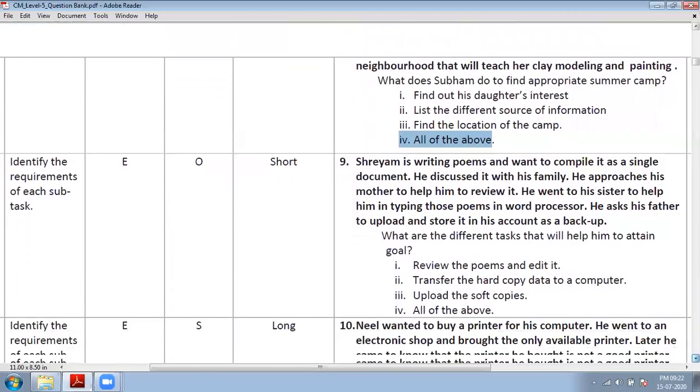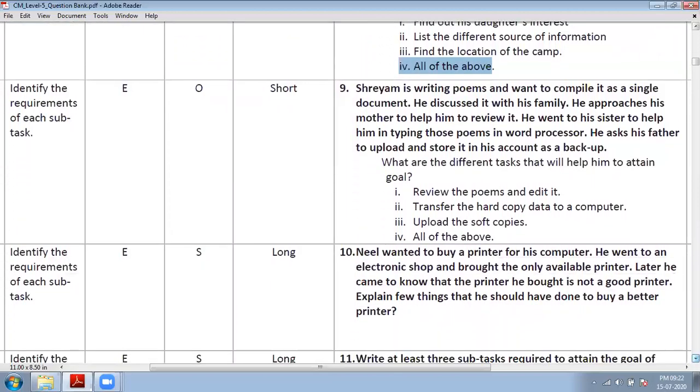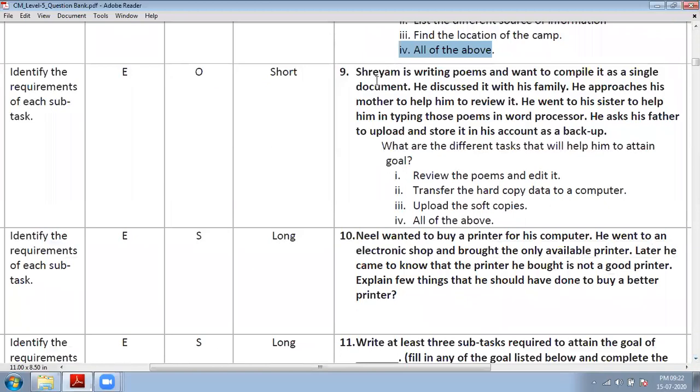Now the next question is, Sriyam is writing poems and wants to compile them as a single document. He discussed it with his family. He approaches his mother to help him review it.